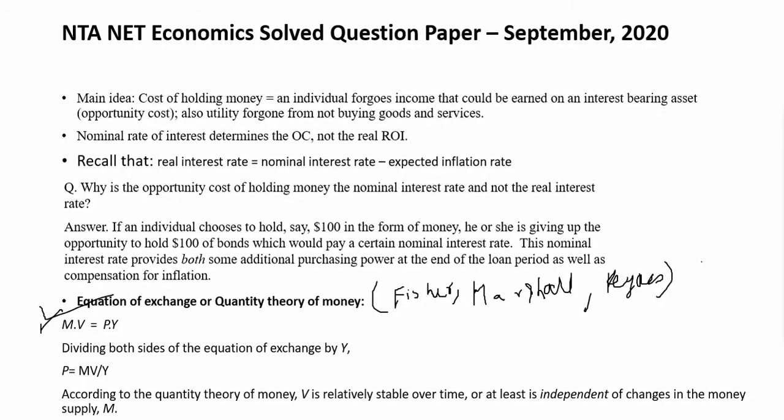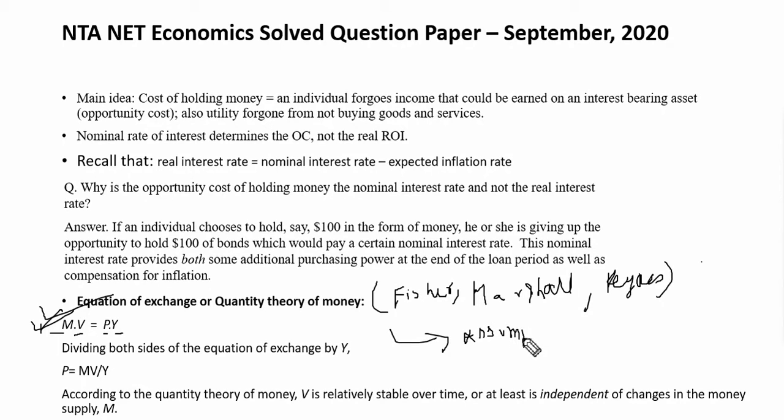Here M is the quantity of money, P is the price level, Y is the total output, and V is the velocity of money, that is, how much the money is being circulated. This idea is very important, and there are certain assumptions which you will have to go through to understand this quantitative theory of money.